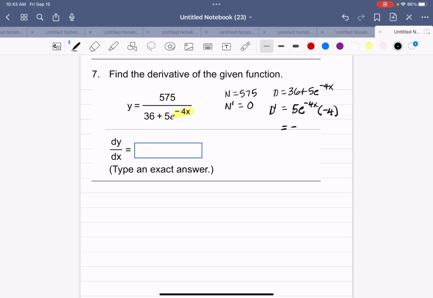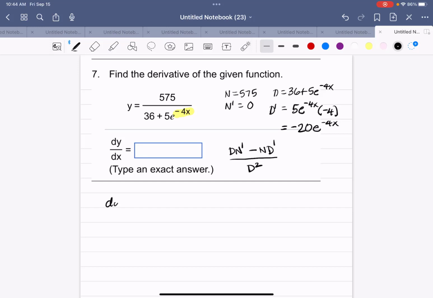So I'll go ahead and write that negative 20e to the negative 4x. So now I'll use the quotient rule. The quotient rule says denominator times the derivative of the numerator minus the numerator times the derivative of the denominator over the denominator squared.